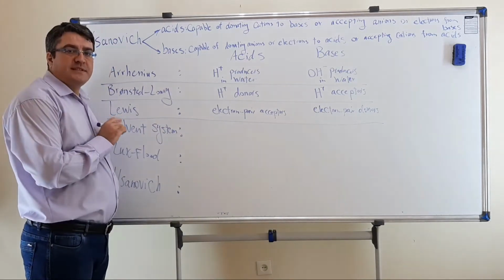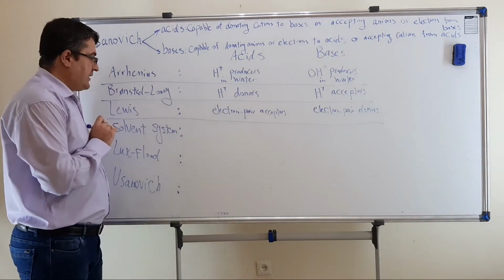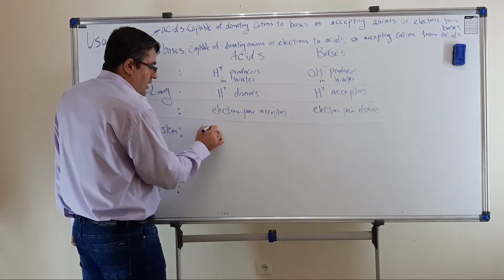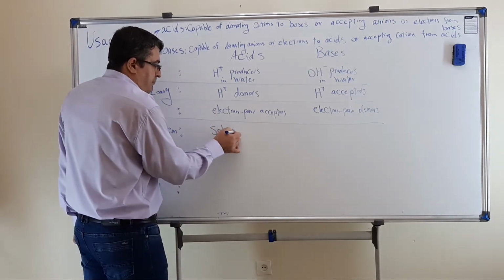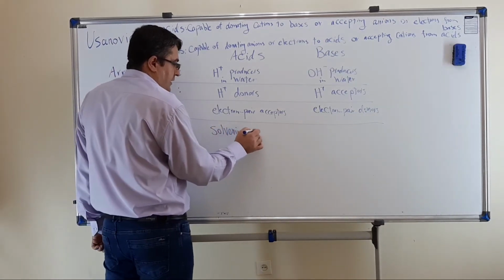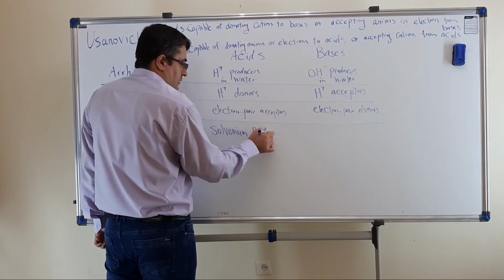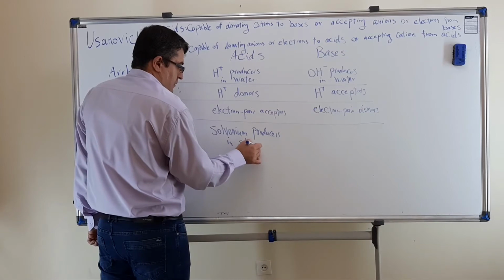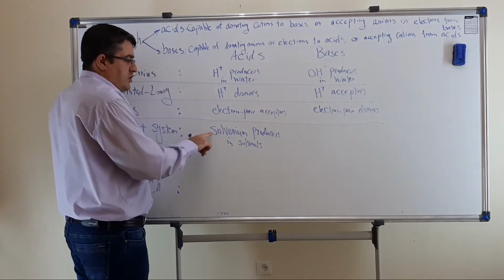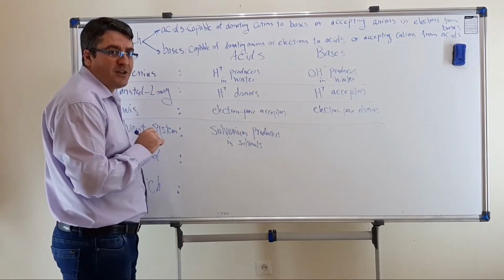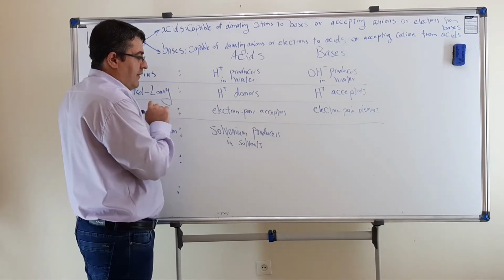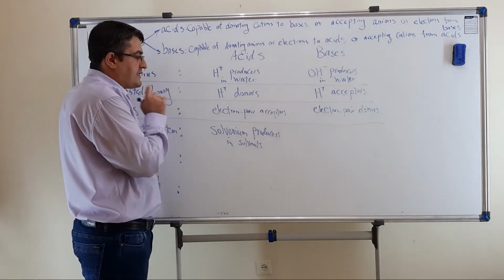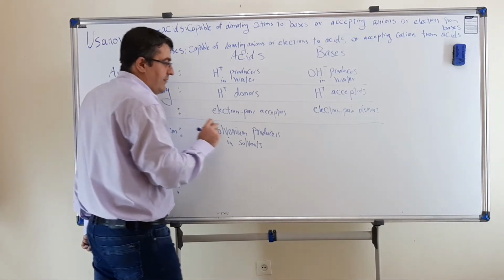Based on the solvent system definition, acids are solvonium producers in a solvent, solvonium being the characteristic cation of the solvent, or the cation produced by self-ionization of the solvent.